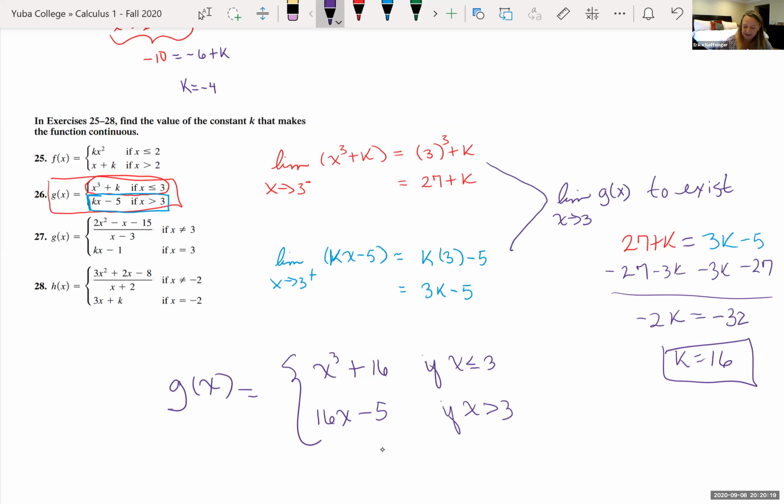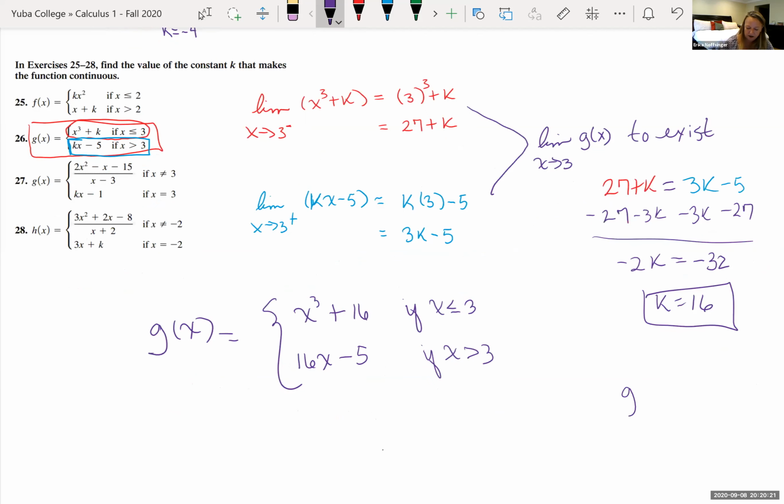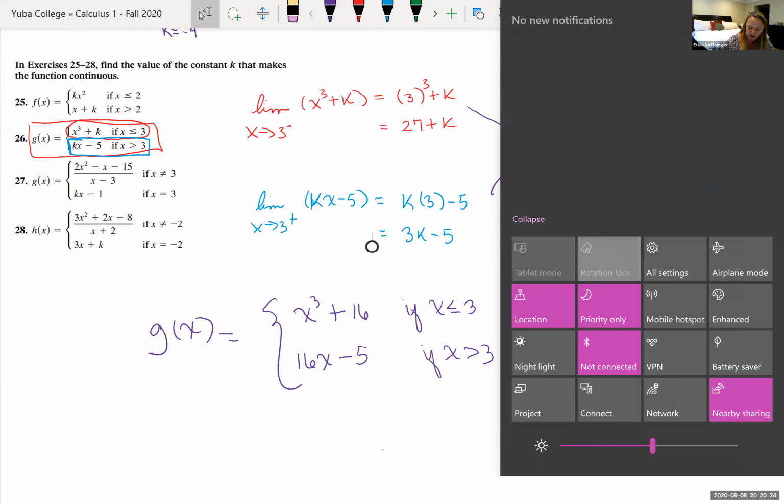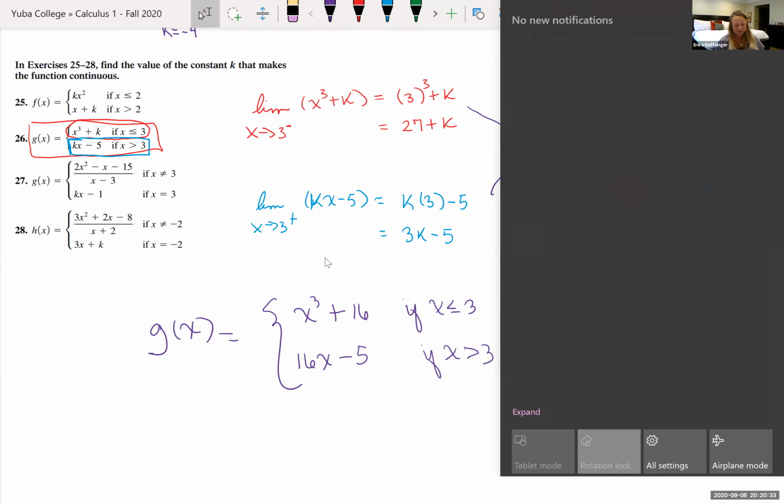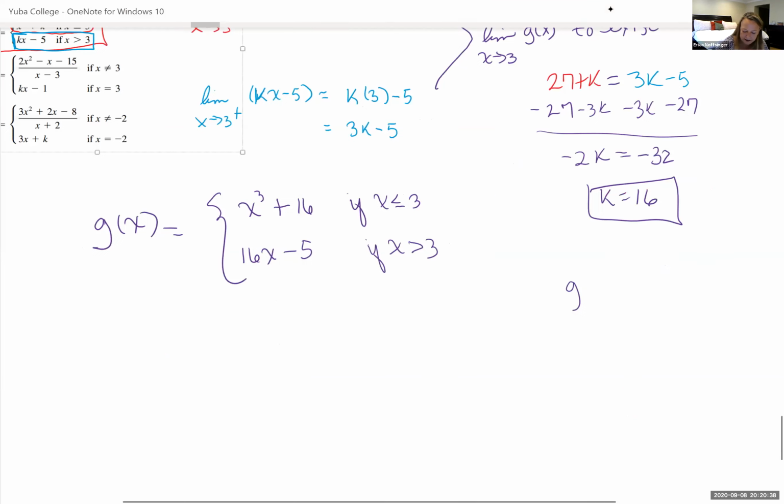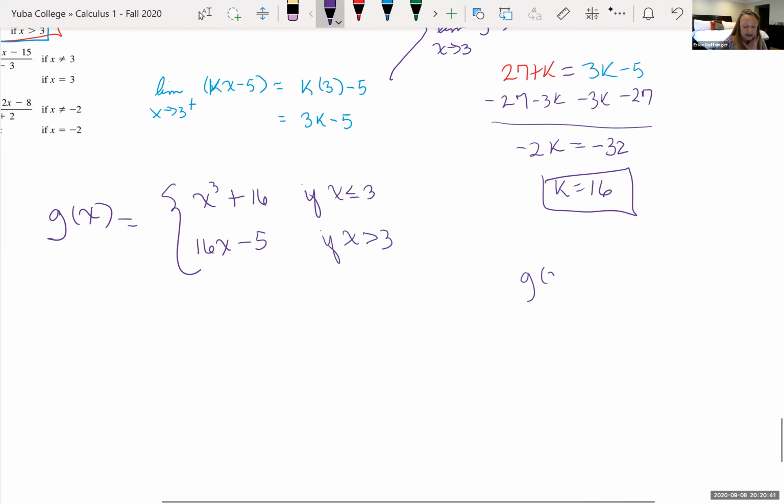If we looked at this, g of 3 is equal to, that would tell me to use this first equation because really it follows through.